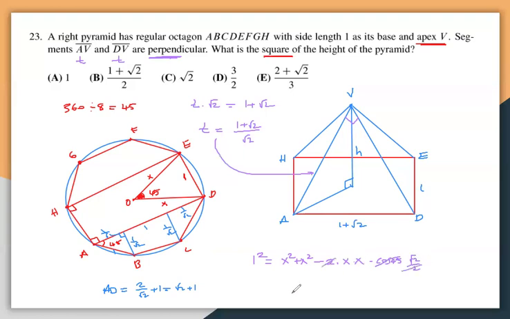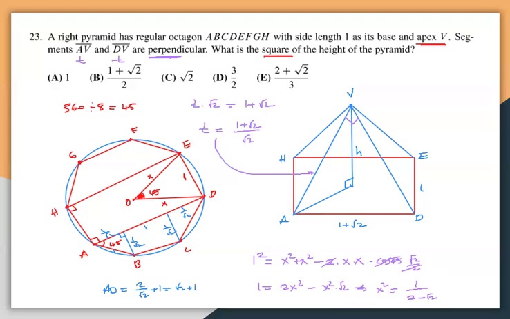Cancel these, and 1 equals 2x squared minus x squared times root 2. If I pull the x squared out, you get 2 minus root 2 times x squared. Dividing both sides by that quantity, x squared is 1 over 2 minus root 2.